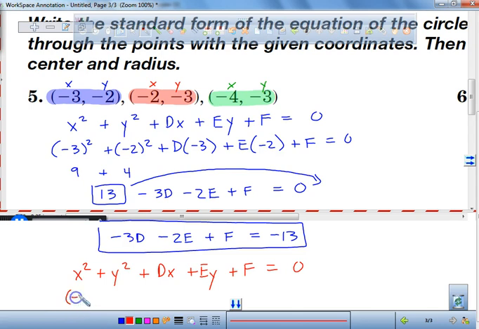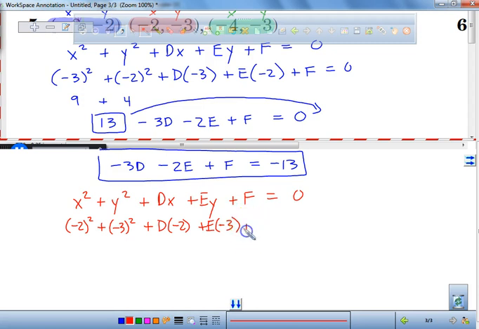So now we're going to do -2 squared plus -3 squared plus d times -2 plus e times -3 plus f equals 0.